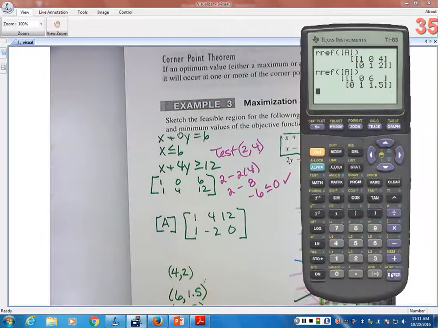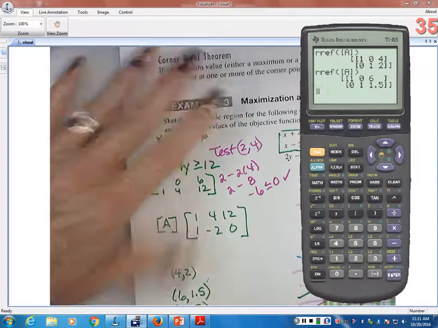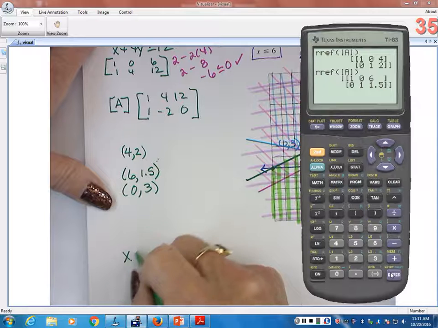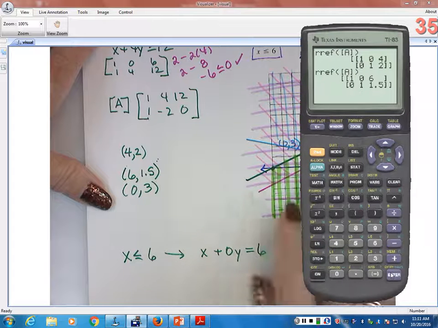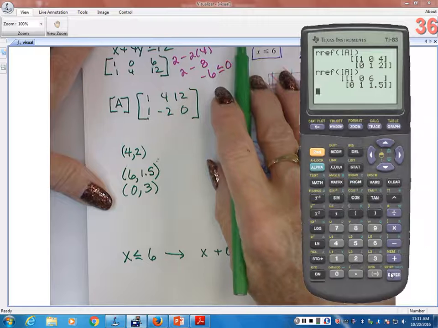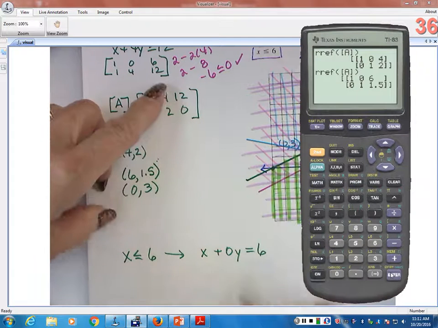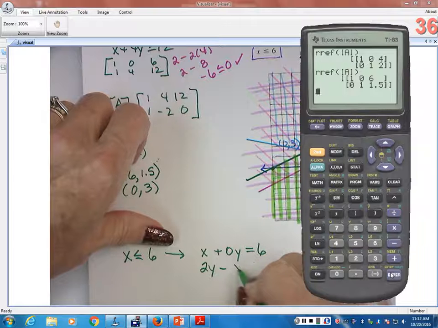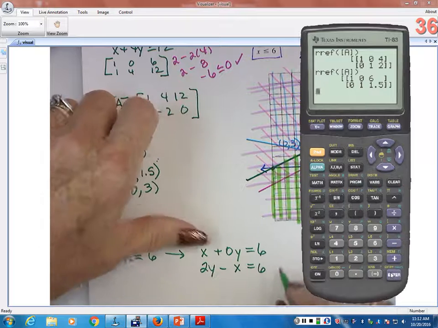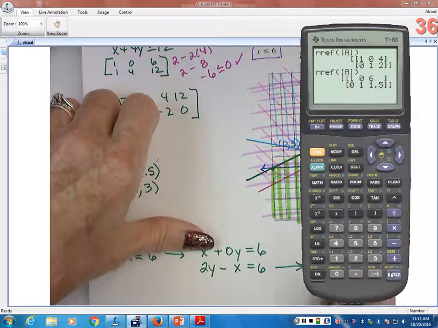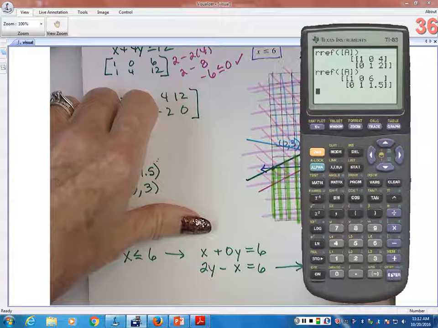And the only other one we don't have is this one, and that is where x equals 6, which is x plus 0y equals 6, and let's see, the green line is 2y minus x equals 6, which we'll need to turn around into negative x plus 2y equals 6, and x plus 0y equals 6.